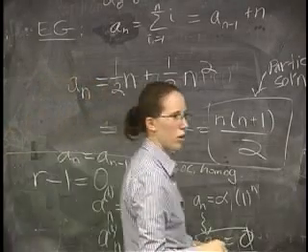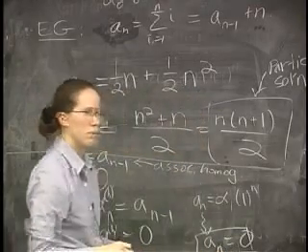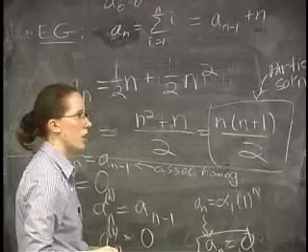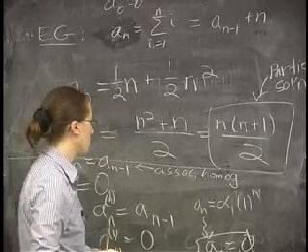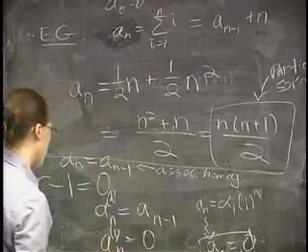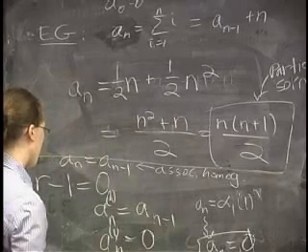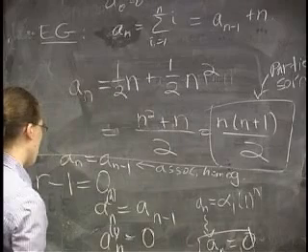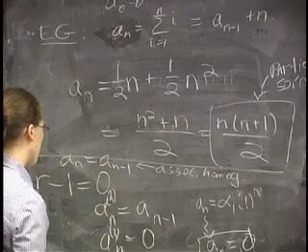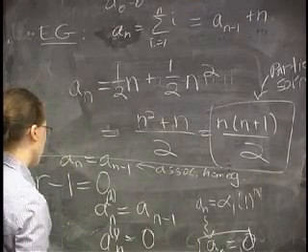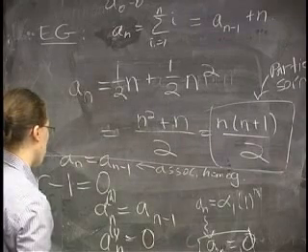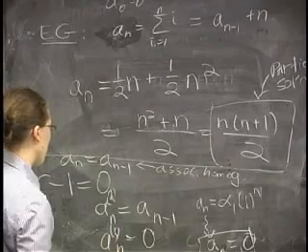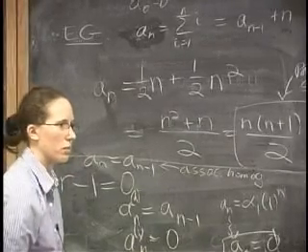If we had started with a_1 equals 1, we'd get alpha_1 equals 1, and that would change our... No. We'd end up with... I'm not sure why, I have to think about it.